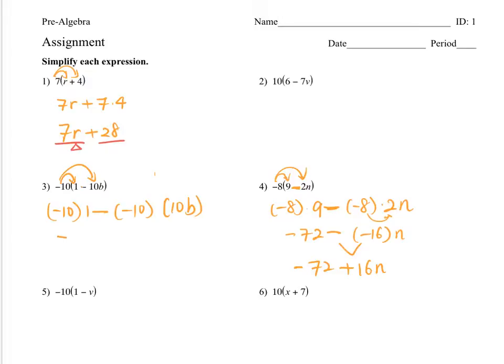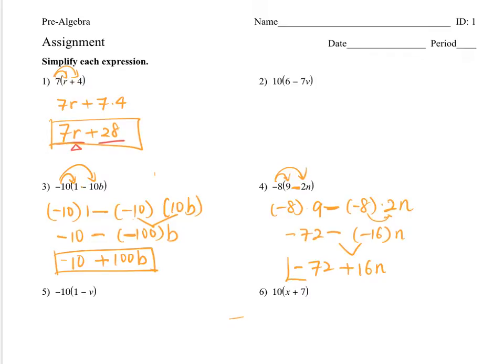So that's how I have -10 here, minus 100b, because -10 times +10 gives me -100. So I leave the -10 unchanged. Over here, a double negative makes a positive 100b. And that's my final answer there. These are my final answers.